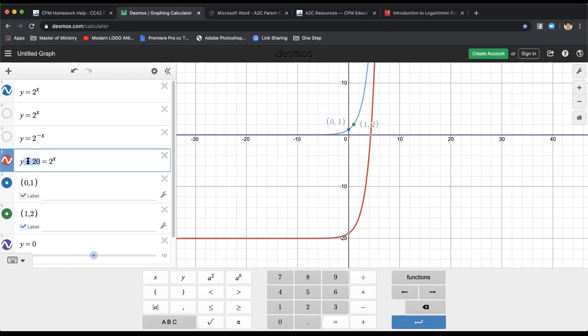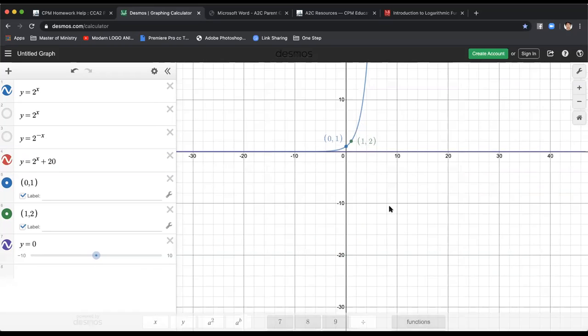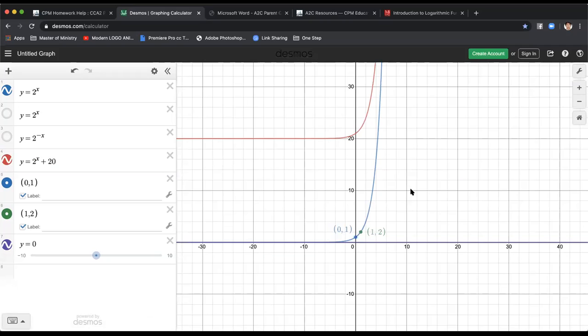So therefore, when you add or subtract to the y, it shifts vertically, to below the original and to above the original. But anyway, the usual way of doing that is adding to the right side instead of the left side. But you can see the shift is vertical. There is a vertical shift above the original or below the original.